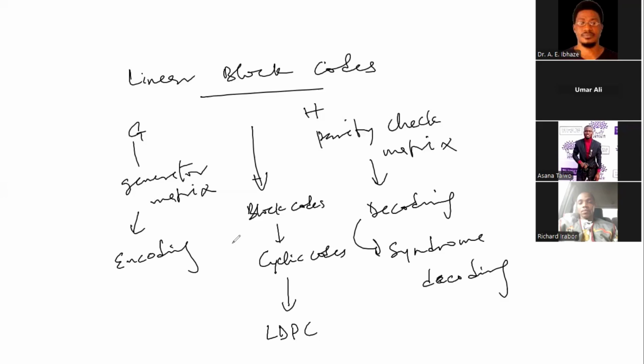Okay, so we now note that when we say Hamming distance, the Hamming weight, the Hamming distance between two code words. So let's assume I have one code word 1011, and then I have another code word 1000. The Hamming distance between these two code words is the number of places in which the code words differ.